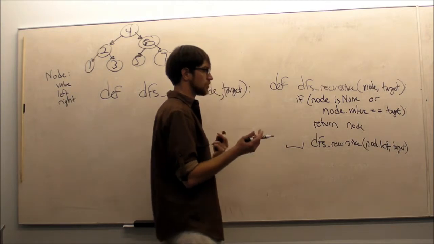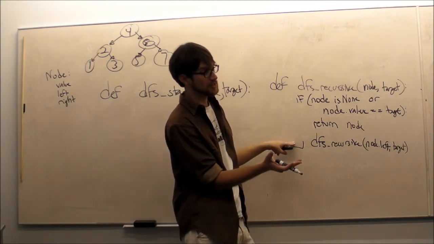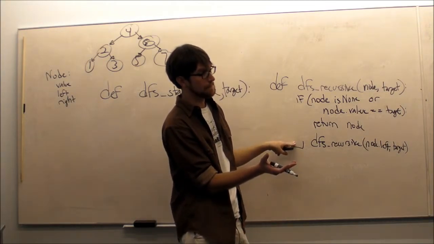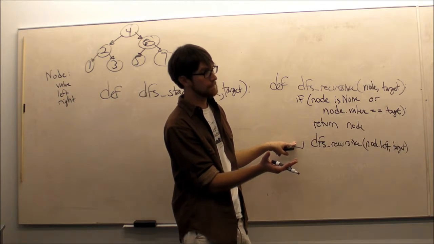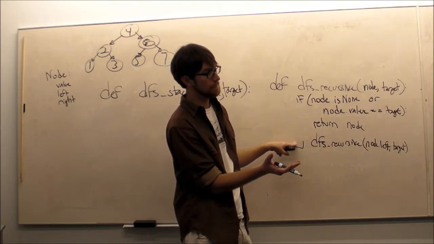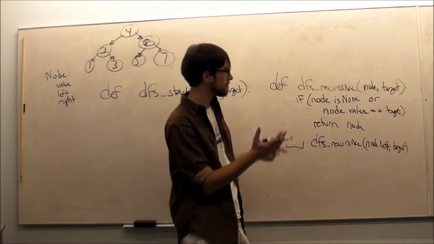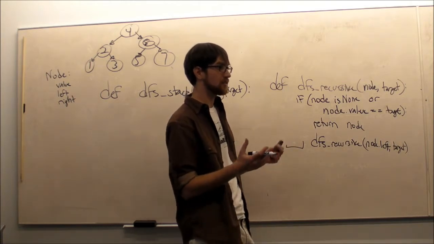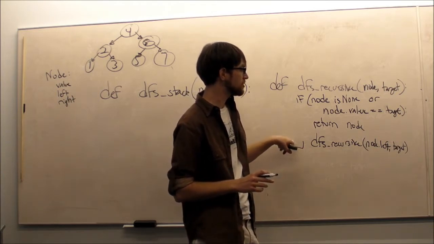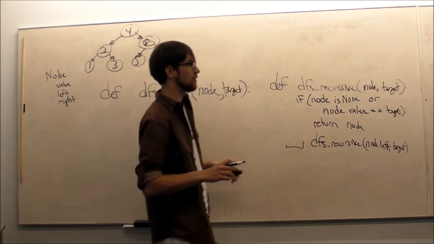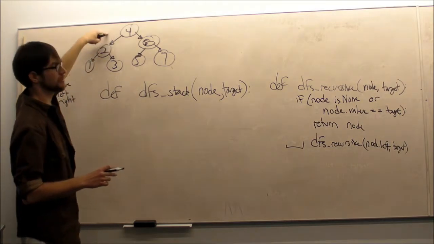So why would we want to have a return here potentially? Because eventually when you get to the end, you want to be able to go all the way back. Yep, exactly. You want to be able to pass the value back. But if we just return a value here, what happens when we're looking for the value 3?